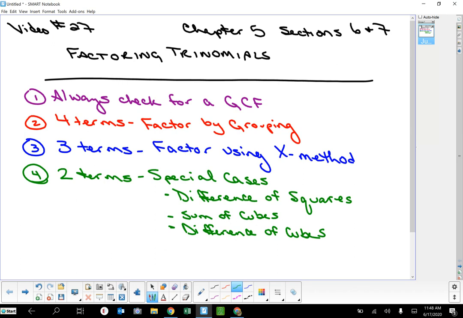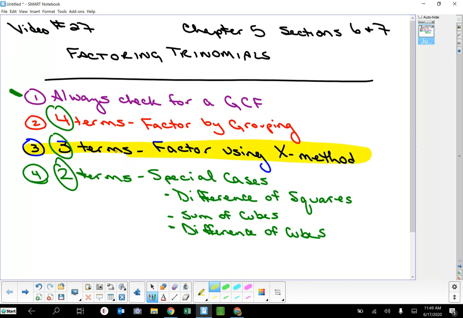So those are coming. And then we'll just throw out a whole big factoring mix, and it's your decision how you want to factor a problem. So you're going to always look for a GCF, and then you're looking at the number of terms to decide how to factor. Today we're focusing on 3 terms, factoring using what's called X method.